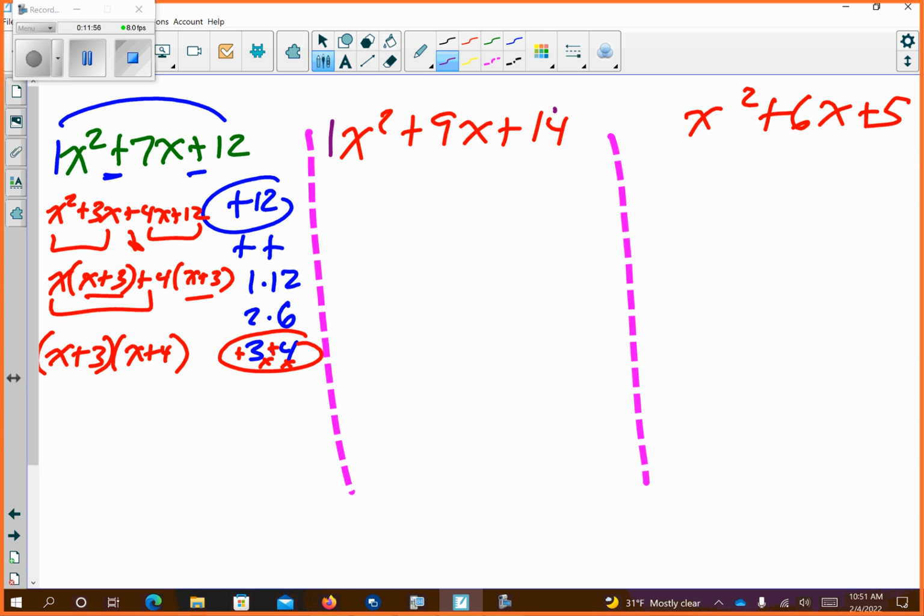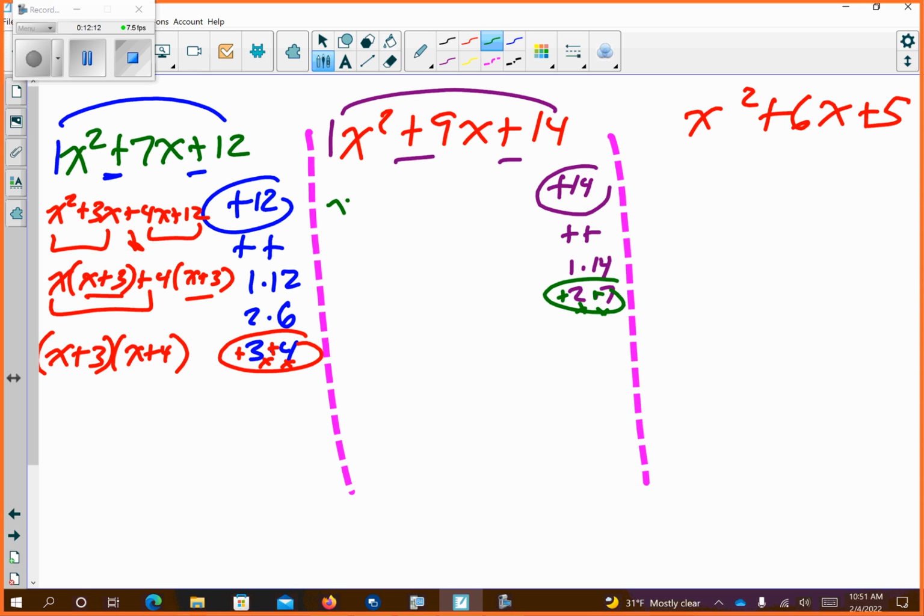Put a 1 out front. Both those signs are positive, so we get positives. Factors of 14: 1 and 14, and 2 and 7. Which of those add up to 9? 2 and 7, both positive. Make sure you have an x with them. Rewrite them. Whatever order you want, it's totally fine.